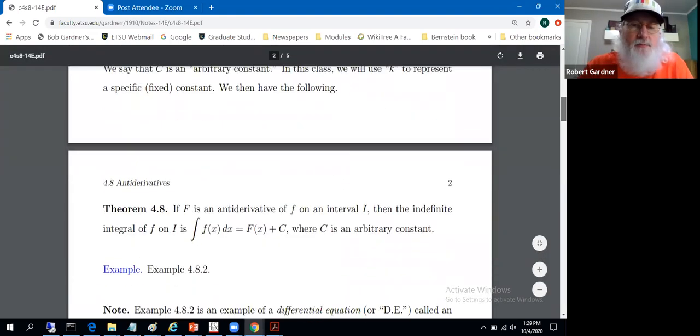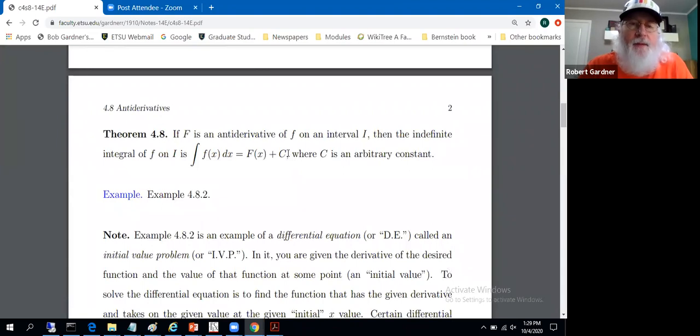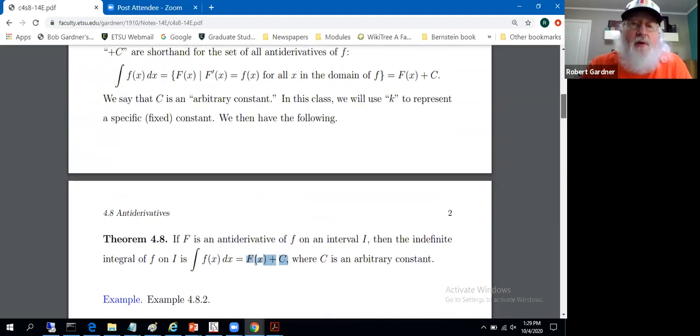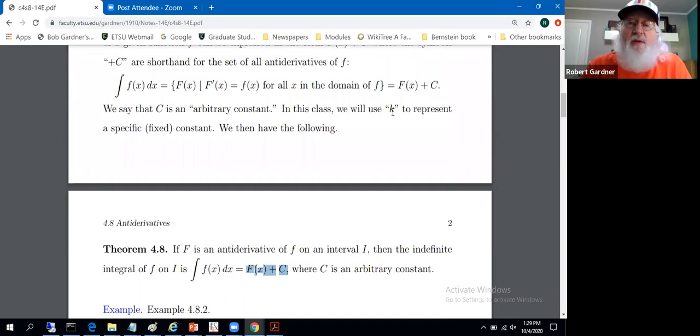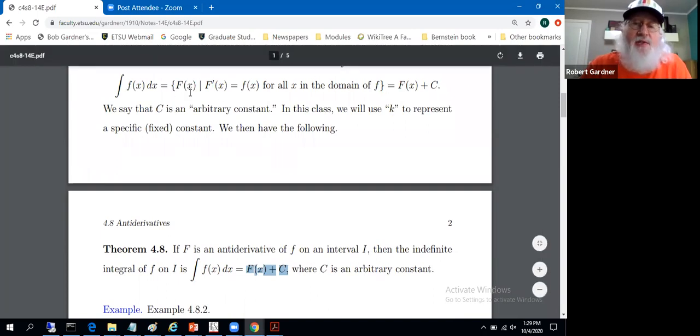So we get the following. If capital F is an antiderivative of lowercase f on an interval I, then the indefinite integral of lowercase f on this interval is capital F of x plus c, where c is an arbitrary constant. It bothers me a little bit to write it like this, but I have clearly stated that that represents an entire set of functions.